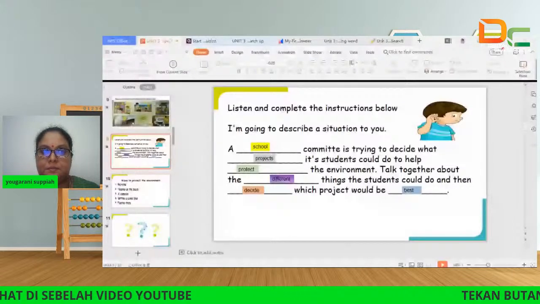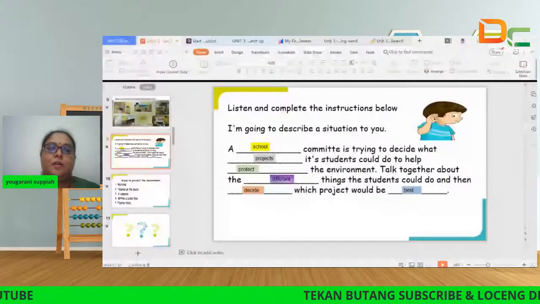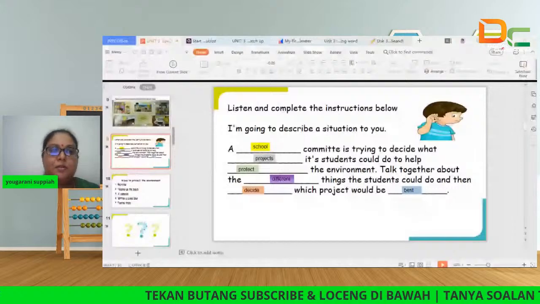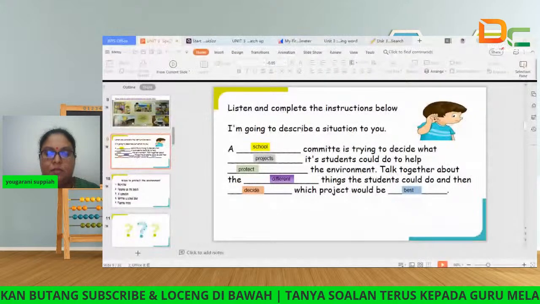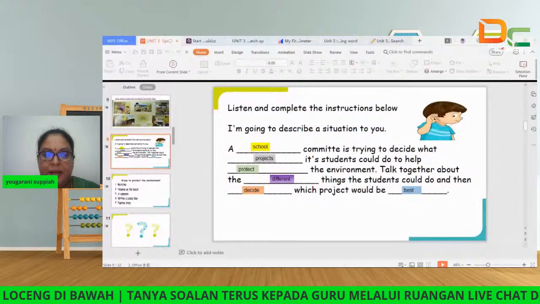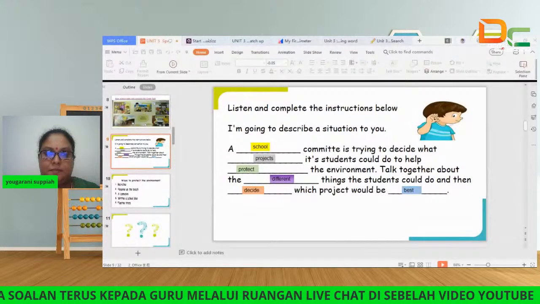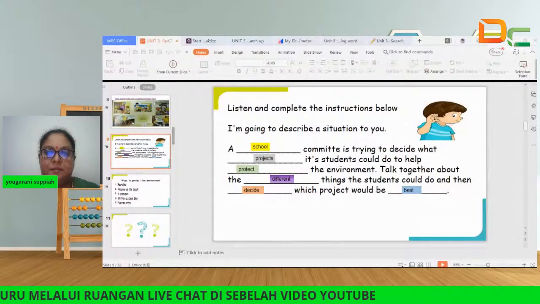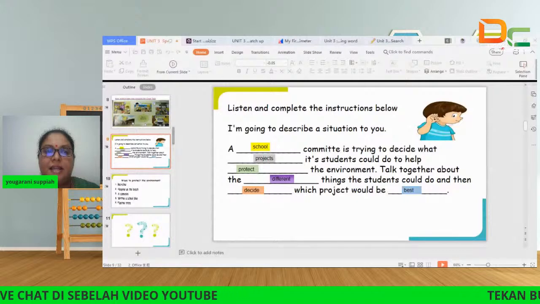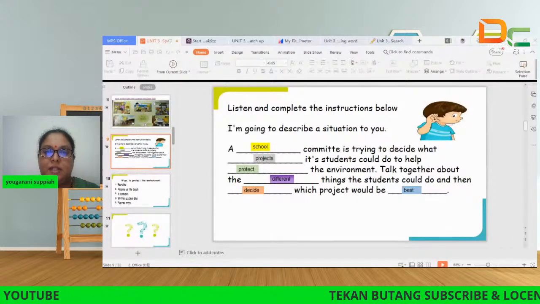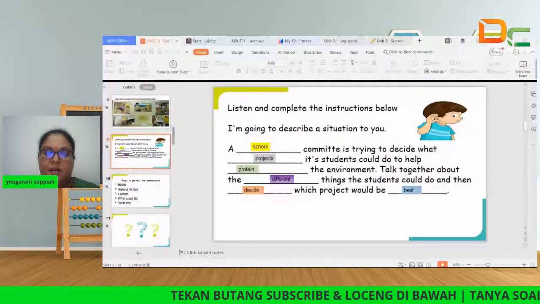Giving your opinion. Useful expression to give opinion, untuk memberikan pendapat. I think it's a good idea because. Well, I don't think you should.